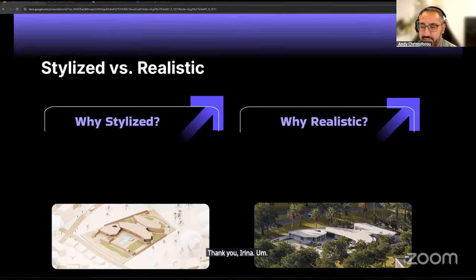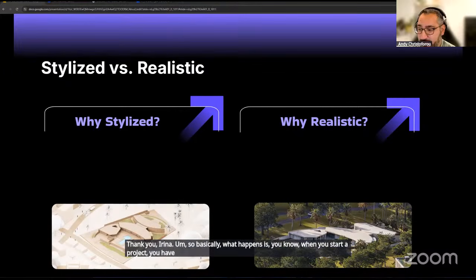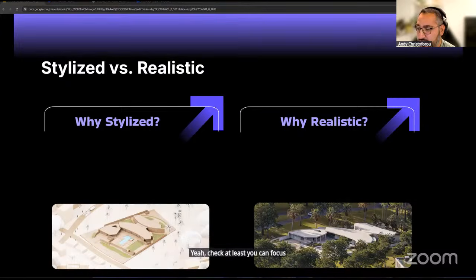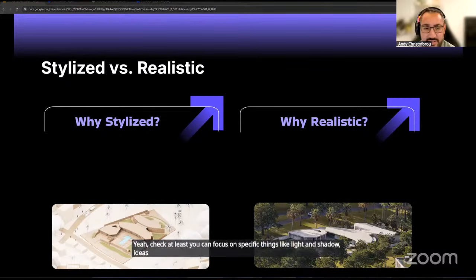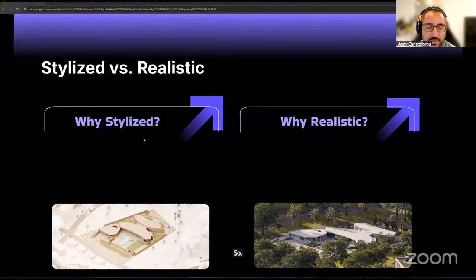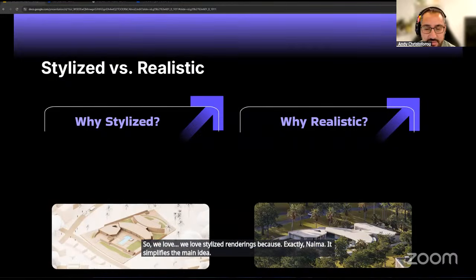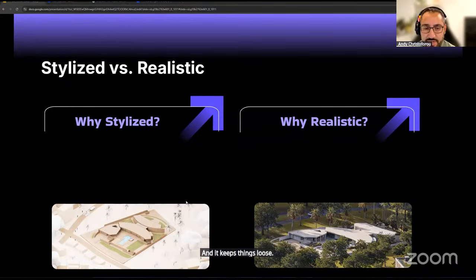So basically, what happens is, when you start a project, yeah, flexibility is a great one. You can focus on specific things like light and shadow, idea generation. Yes. So we love stylized renderings because, exactly, Naima, it simplifies the main idea and it keeps things loose and gestural, right?